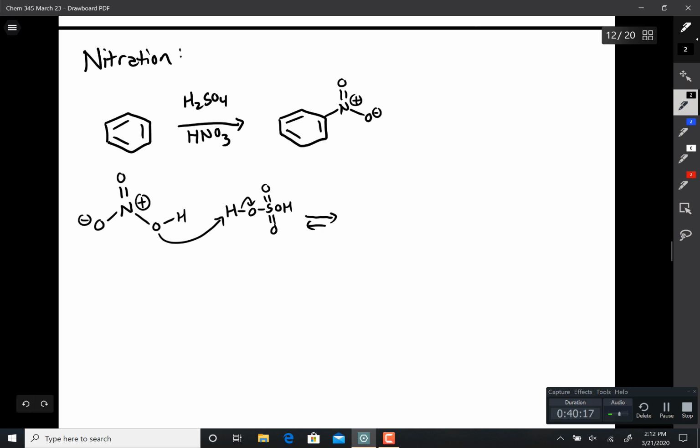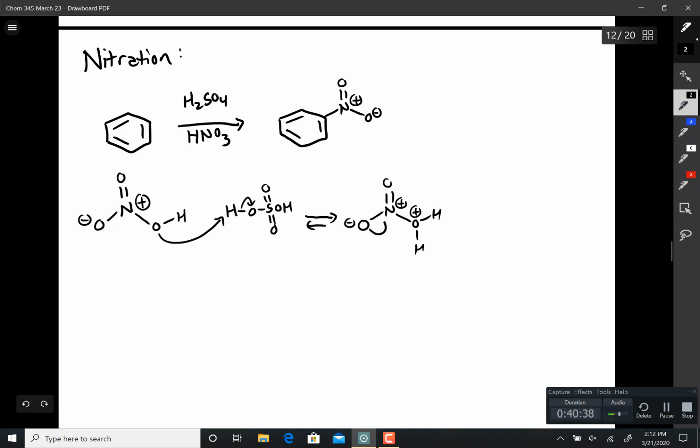One way to rationalize this is to think about it as creating a good leaving group. You're protonating the OH to create a good leaving group.